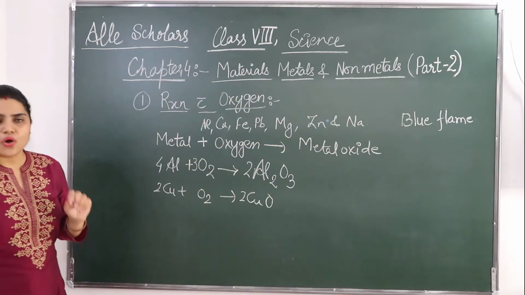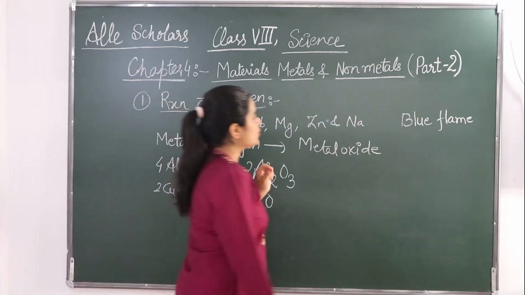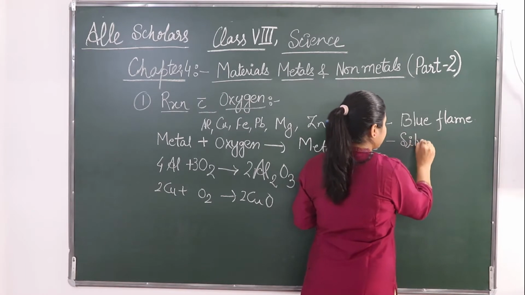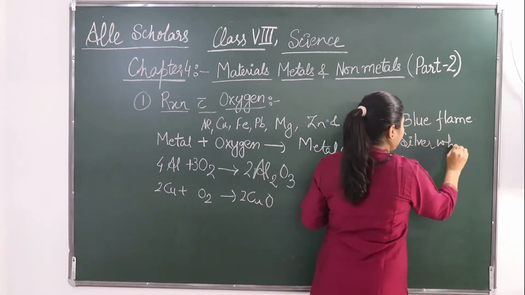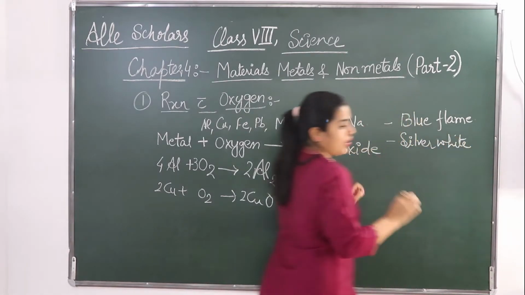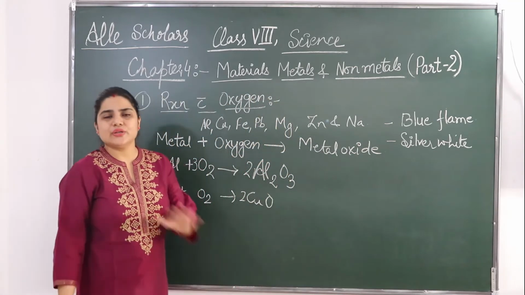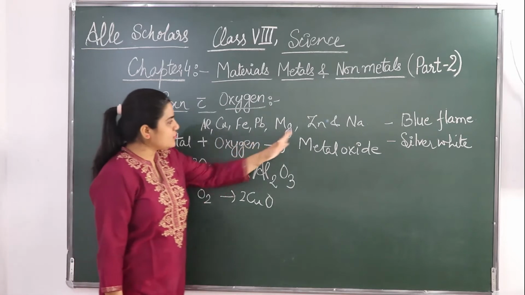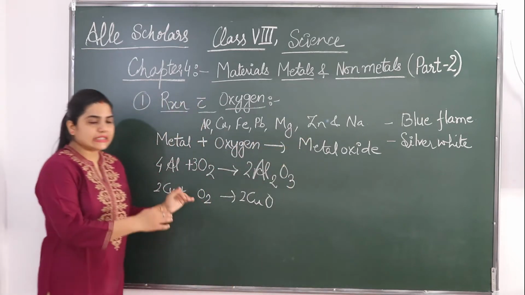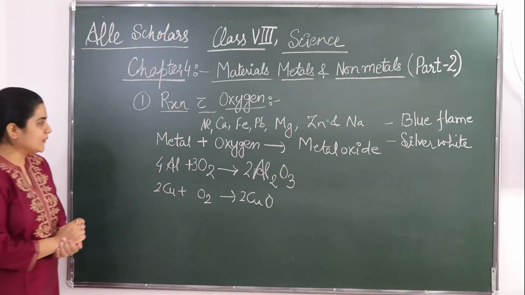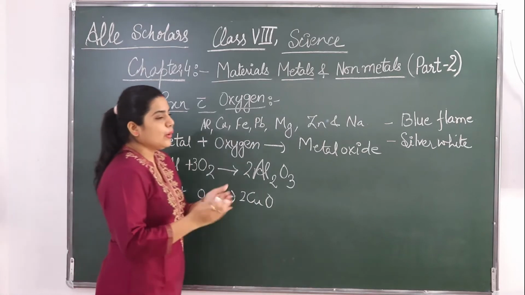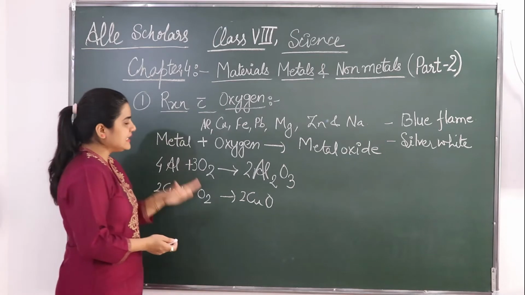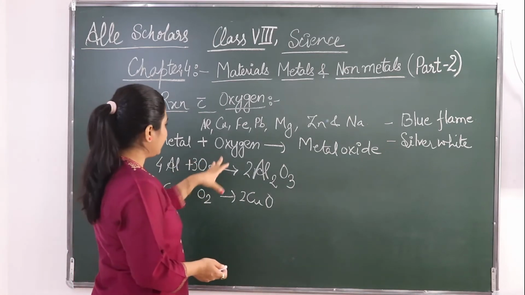The surface of the metal after burning appears silver white, silverish. Now we need to arrange these metals in the decreasing order of their reactivity towards oxygen. We will see which metal reacts most and which reacts least with oxygen.